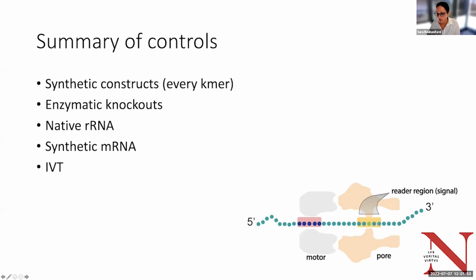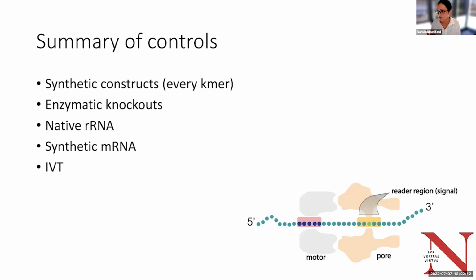If you're just looking at a 5-mer sequence that's passing through the pore, it's going to be influenced by longer range sequence contacts. The field generally thinks this is going to be about 11 or 12 nucleotides that are going to interfere with the signal at your site of modification.